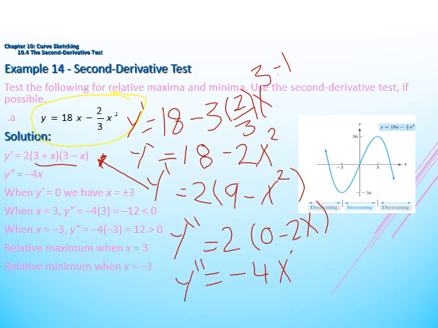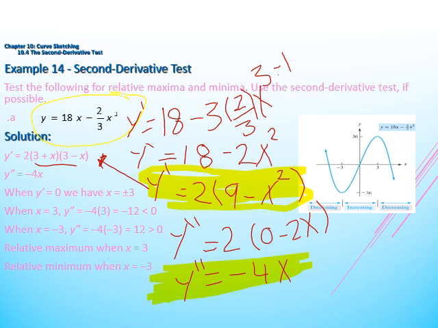This is the second derivative. Note that we have here the first derivative equal to 2 times 9 minus x squared, and the second derivative equal to negative 4x.